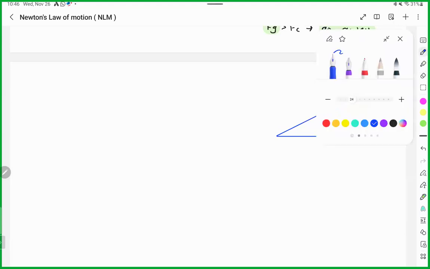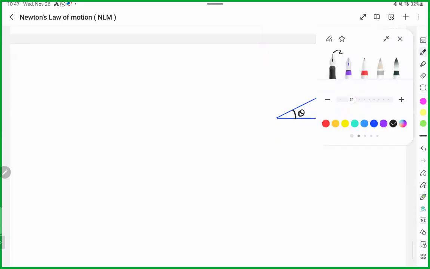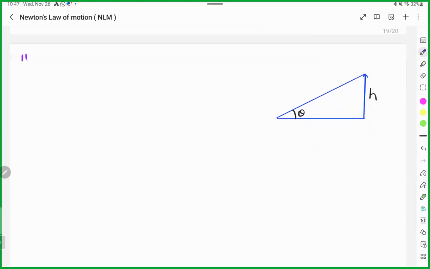We increase the height of the road so the vehicle does not slide away. We make some angle here, because we have questions based on this. Not one, two, three questions. And the topic name is car on a banked road.